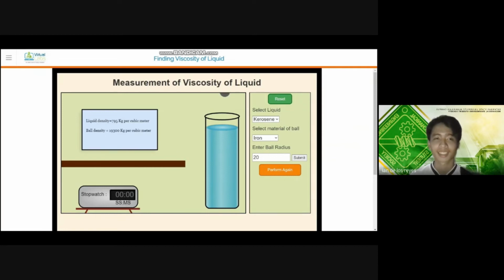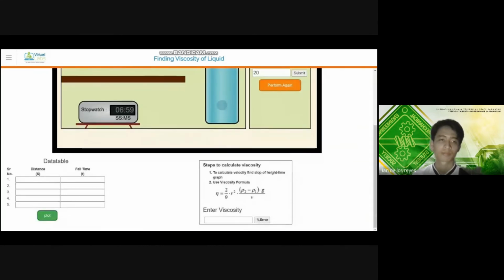For the last, the fifth trial, we obtained 51 centimeters as the distance traveled and 6.59 seconds for the fall time. And here is the summary of the recorded data we obtained in the experiment.